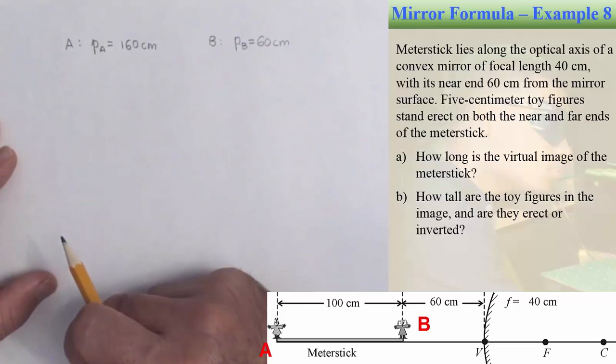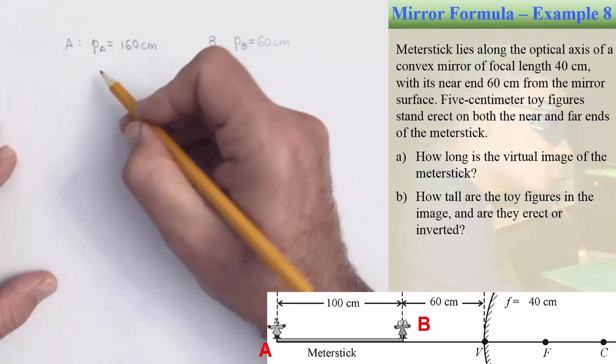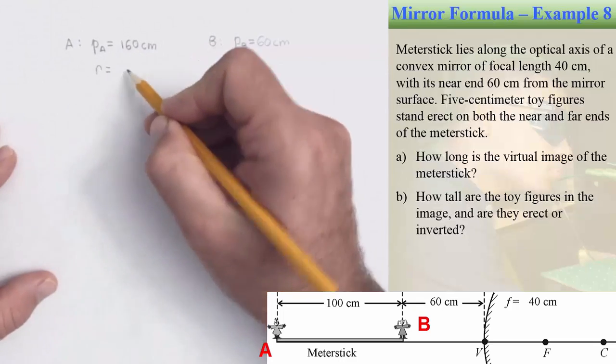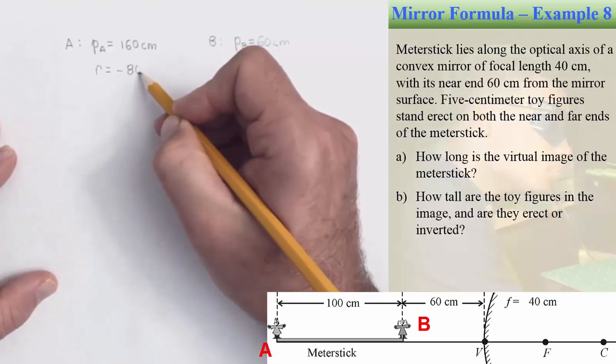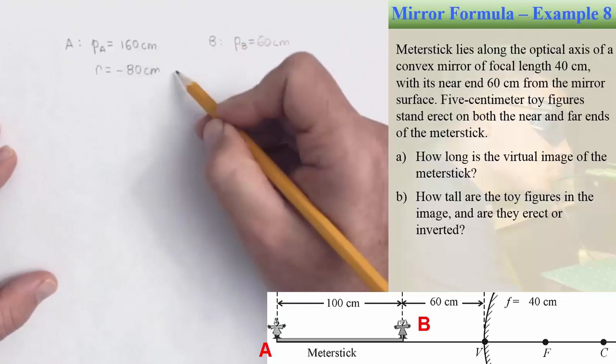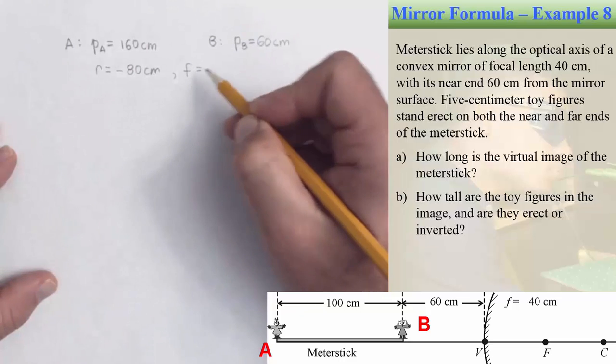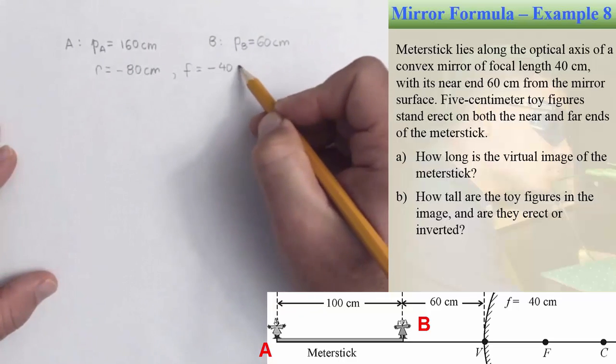In other words, the radius of curvature is 80 centimeters, and both the focal length and the radius of curvature are taken with a negative sign because the center of curvature and the focal point are positioned on the right side of the mirror. So our R is equal to minus 80 centimeters, or our focal length is equal to minus 40 centimeters.